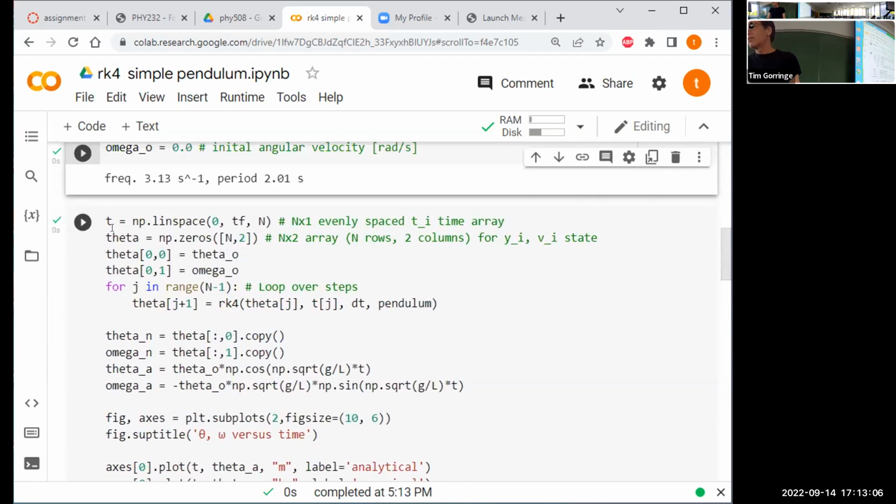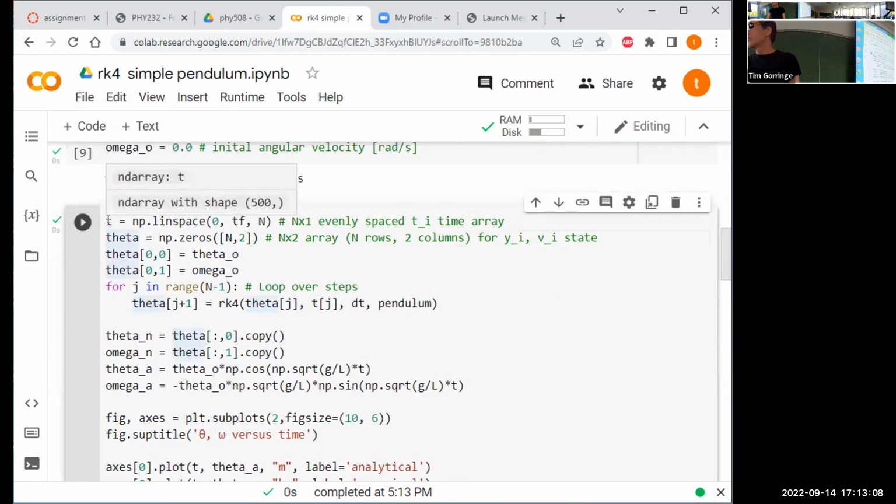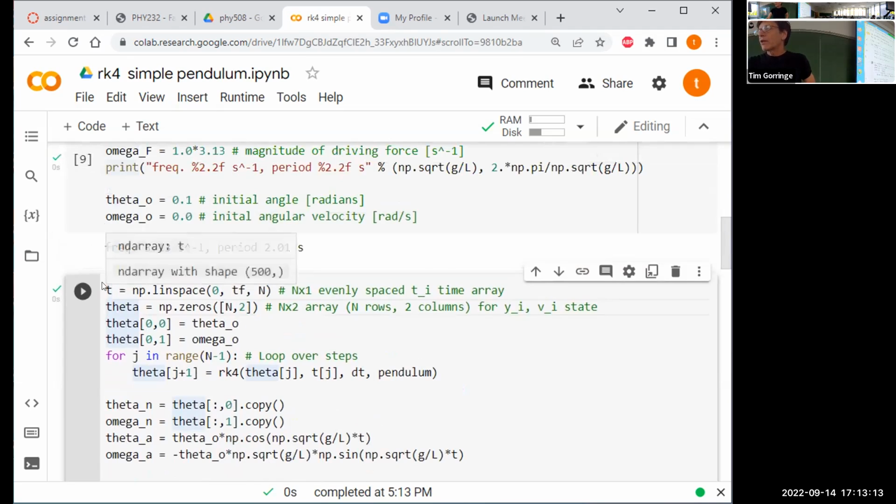Okay, so now this cell, we're going to do all the work basically. I'm going to make my array of times like we've done in the past from 0 to 20 seconds with these 500 intervals with linspace in the NumPy library.